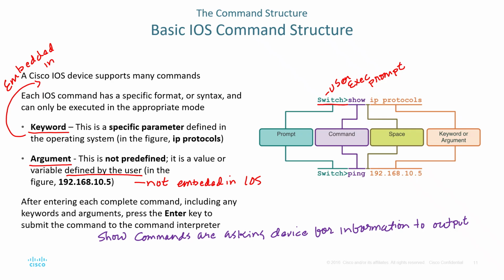The second one is saying, ping something. So ping is the command. So I can use show commands asking my device for information to output, or I could also be asking my device to test something. So ping is a testing.